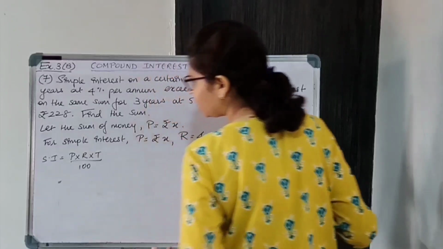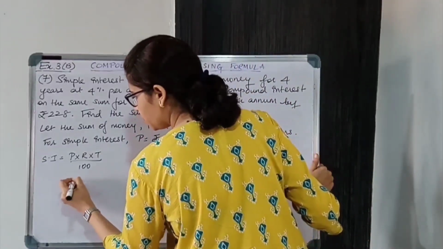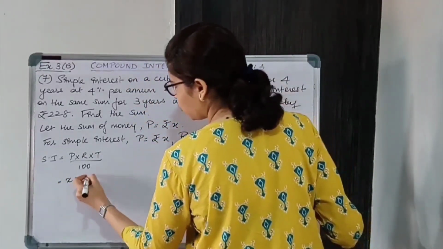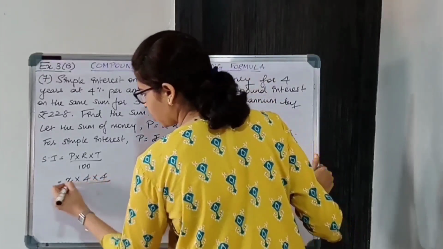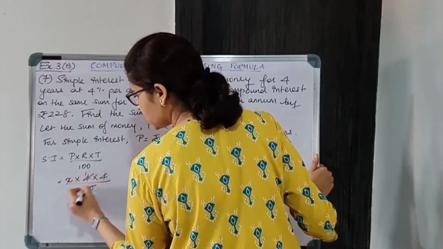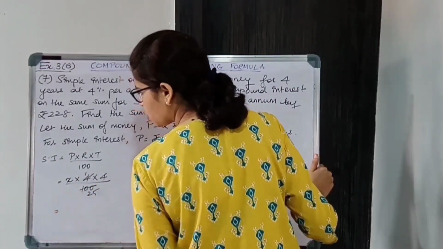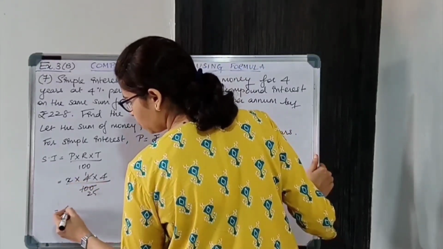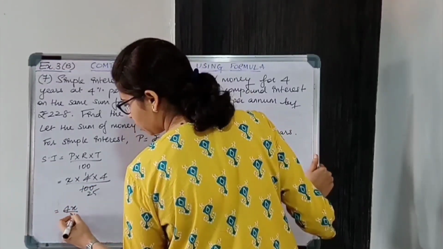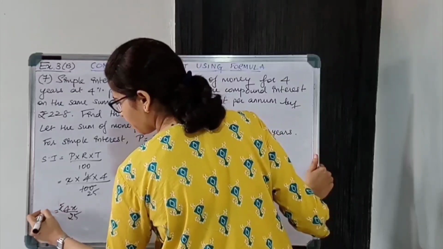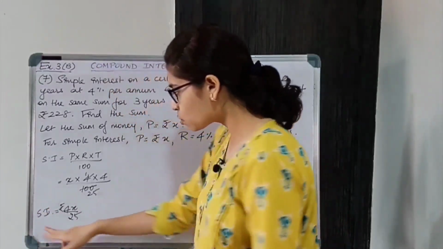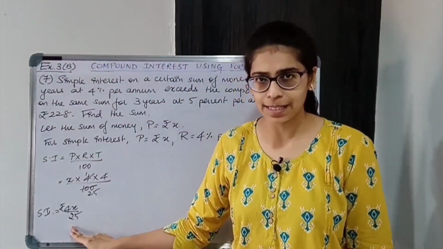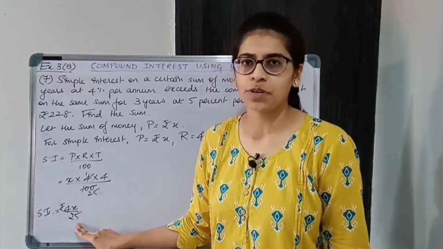So substitute the values. P is x rupees, R is 4, T is 4 upon 100. 4 ones are 4, 25 fours are 100. So we get 4 into x, 4x upon 25 rupees. So simple interest we got in terms of x, 4x upon 25 rupees.